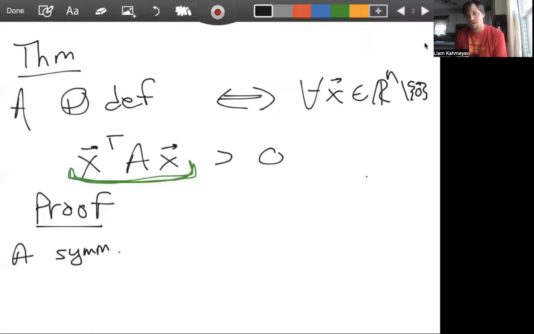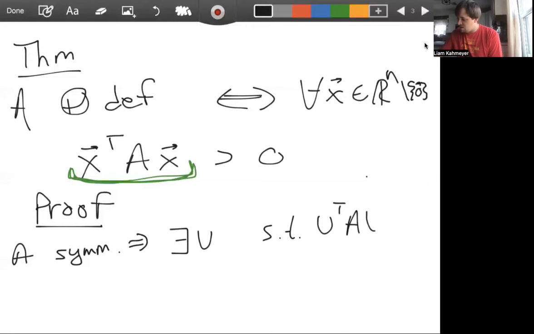That's not just the hypothesis of the forward implication. Since A is always symmetric, we remember last time when we were looking at orthogonal diagonalization, this means there exists an orthogonal matrix U such that A is orthogonally diagonalizable, right? Which means U transpose A U is equal to some diagonal matrix D.